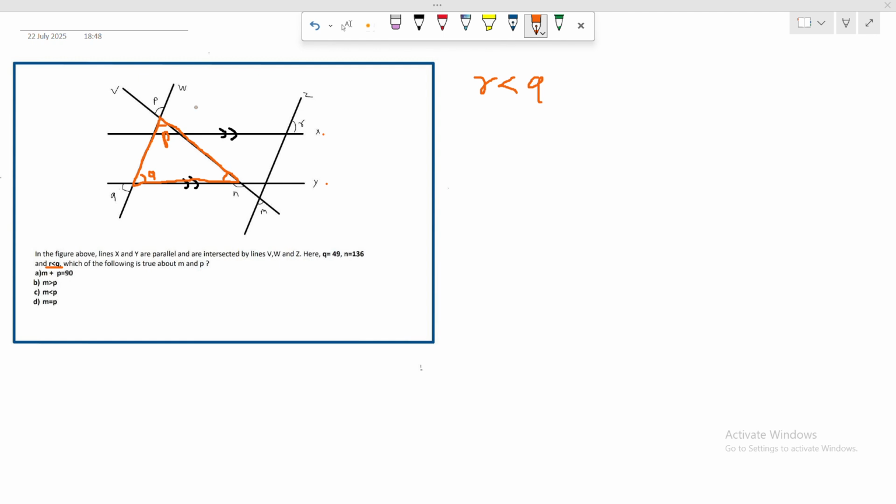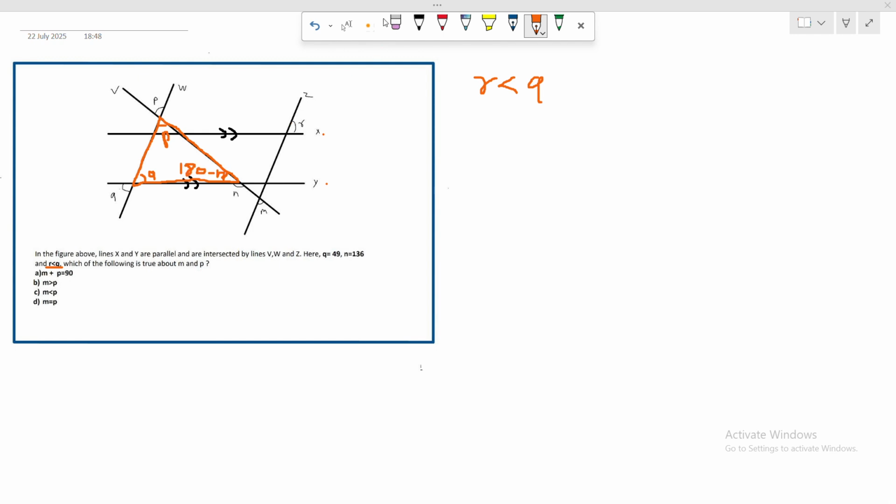As you can see in this triangle that I have drawn, this is p, this is a vertically opposite angle, and this is q, this is a vertically opposite angle as well, and this is an unknown angle, right? But there is n given, so we can say that this is a straight line, so it will be 180 minus n.